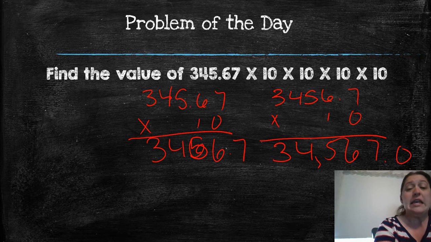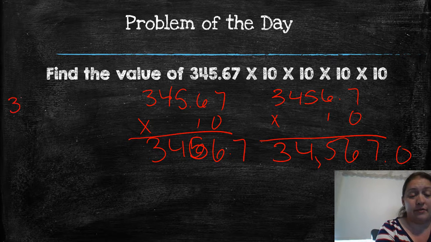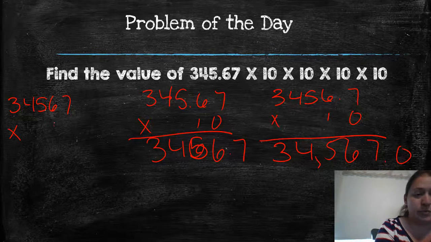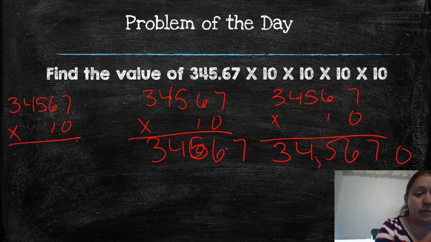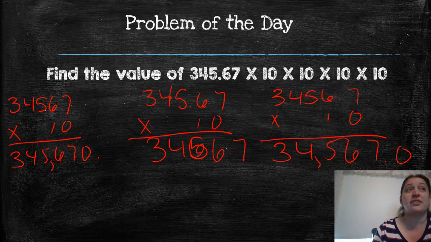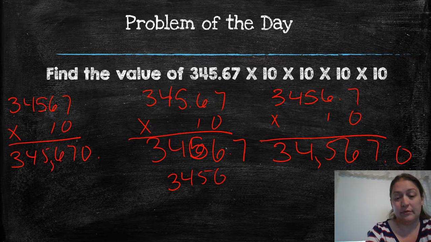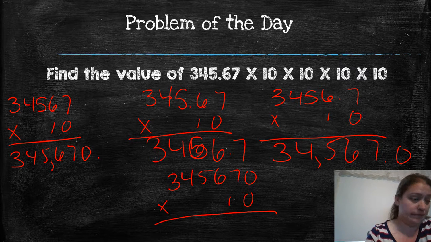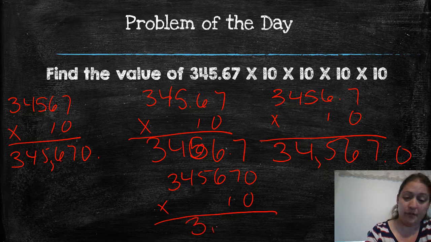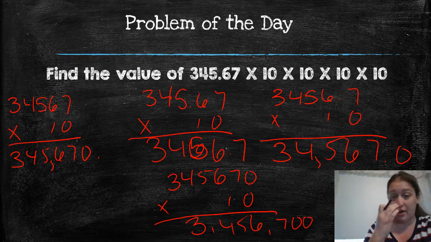34,567. Then if I take that number and multiply it by 10, I'm going to wind up with 345,670. Then I can take that number, multiply that by 10, and I wind up with 3,456,700.